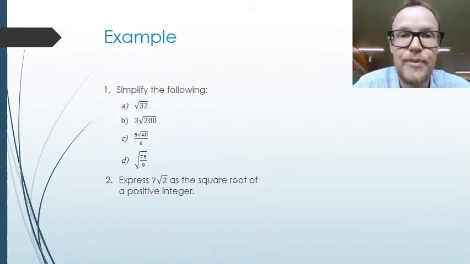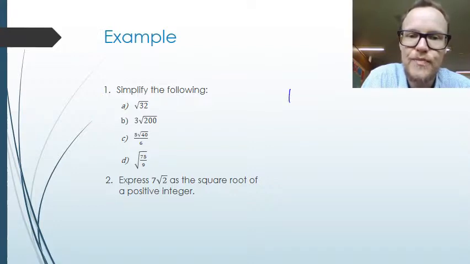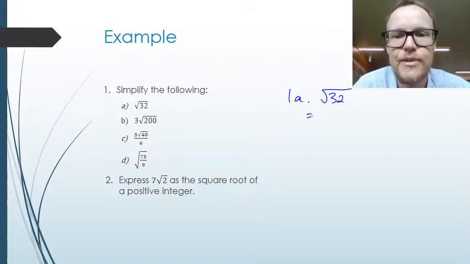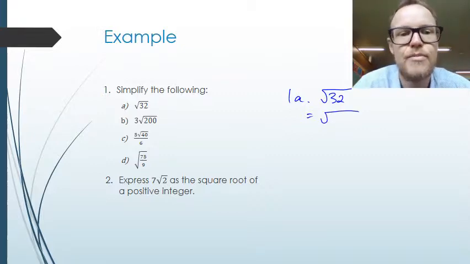So let's have a look at simplifying the following surds. 1a here, we've got the square root of 32. Now we can have a look at trying to separate it out into its products and looking at products that will create perfect squares.